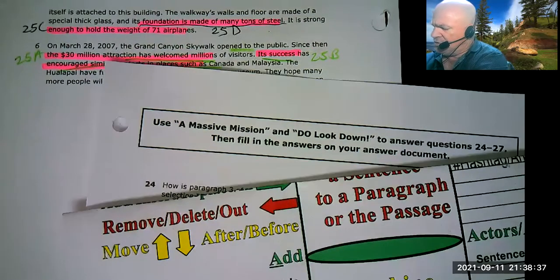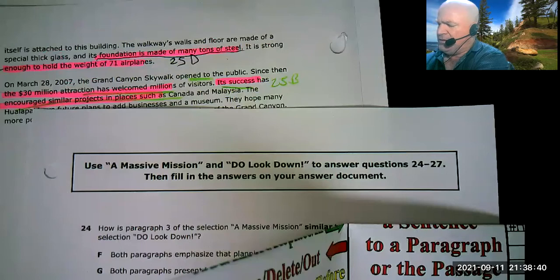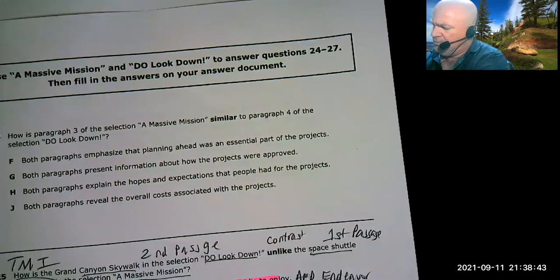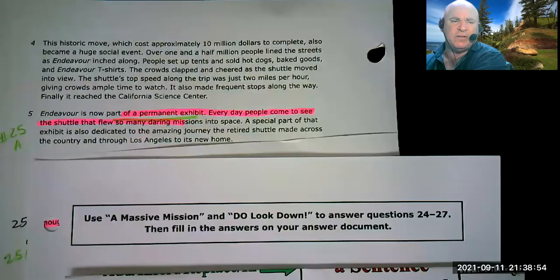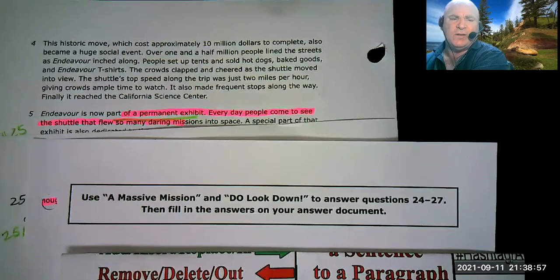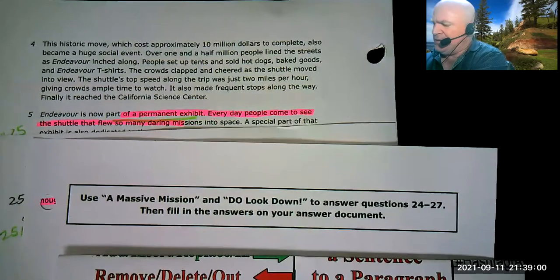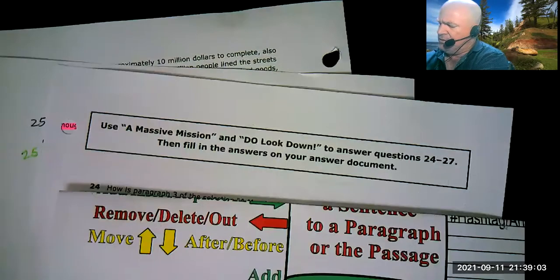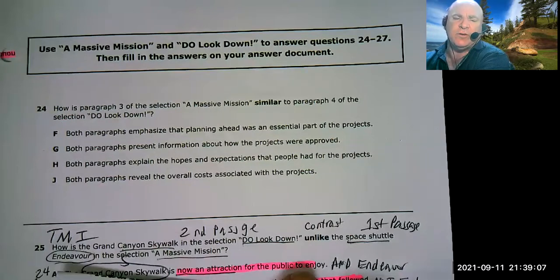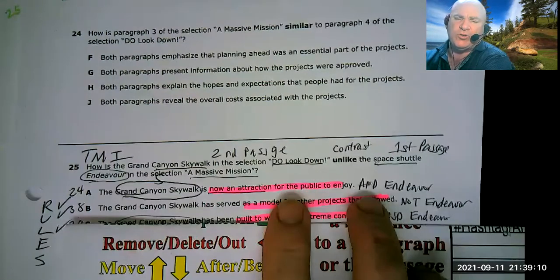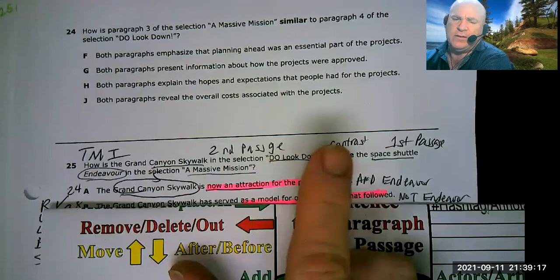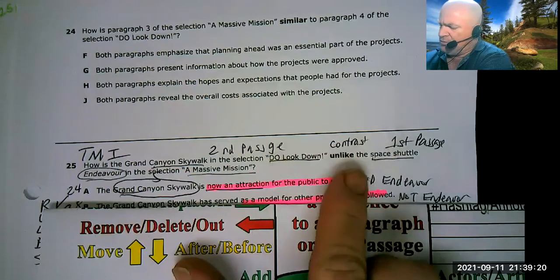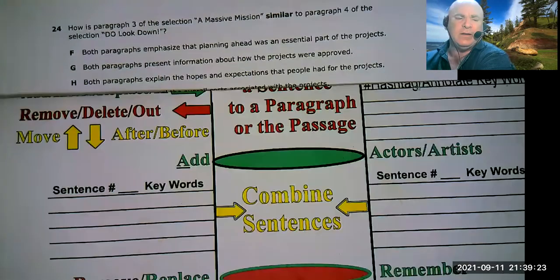So yes, it's true that it's an attraction for the public, but if you look at the Endeavor, 25A, it's now a permanent exhibit. Every day people come and see the shuttle that flew so many daring missions. So since both of them are true, that makes the letter choice wrong, because we're wanting something that's true for the second passage and untrue for the first. There's no content about it in the first passage. So we're going to eliminate letter A.